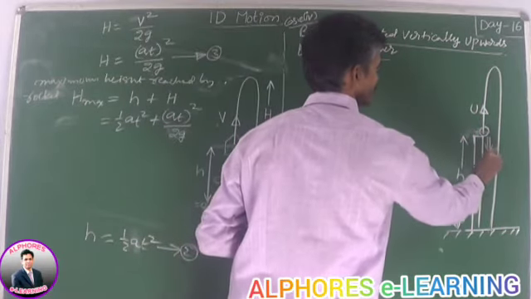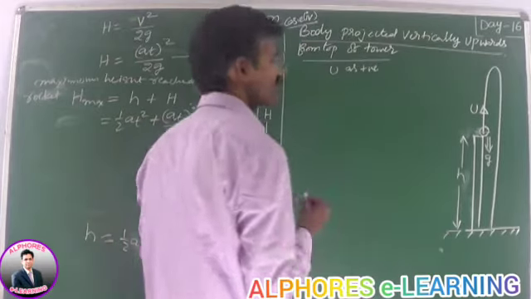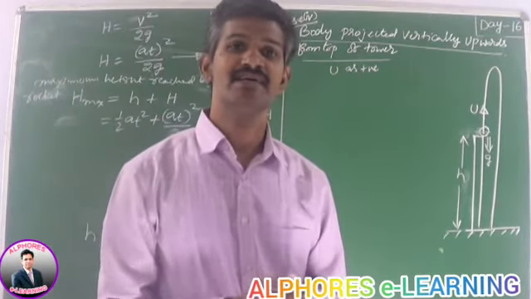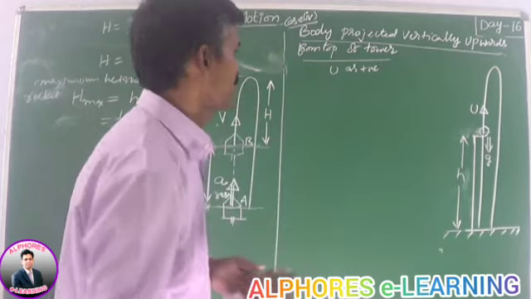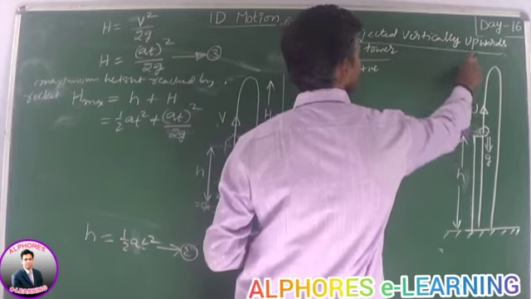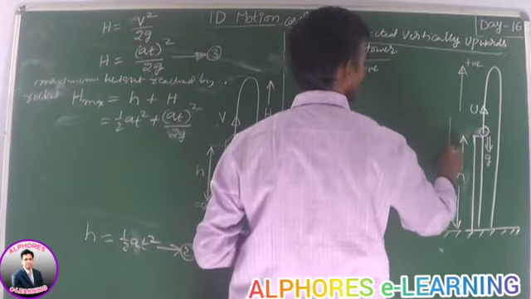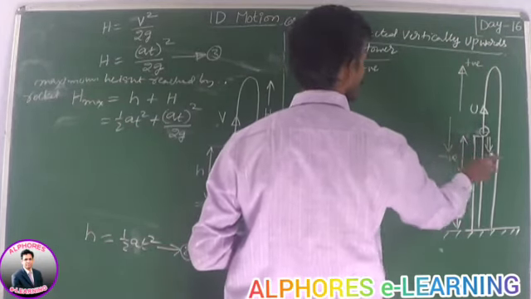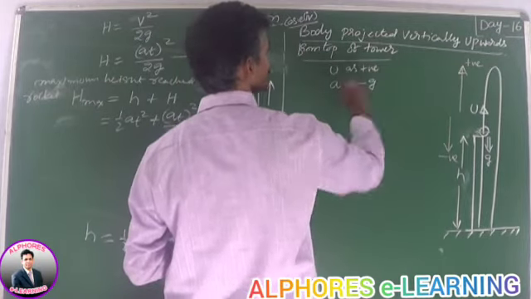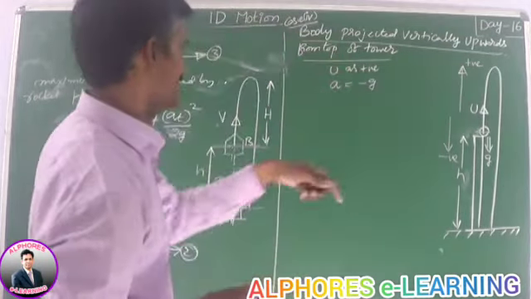I already mentioned initially the body's traveling direction is taken as positive generally. So initially this body is traveling upward, so you have to consider this as positive and downward direction as negative. So my acceleration is minus g, because g is acting in the downward direction.